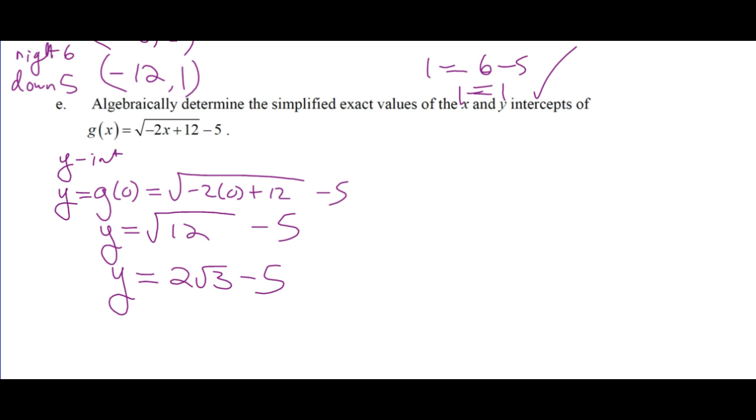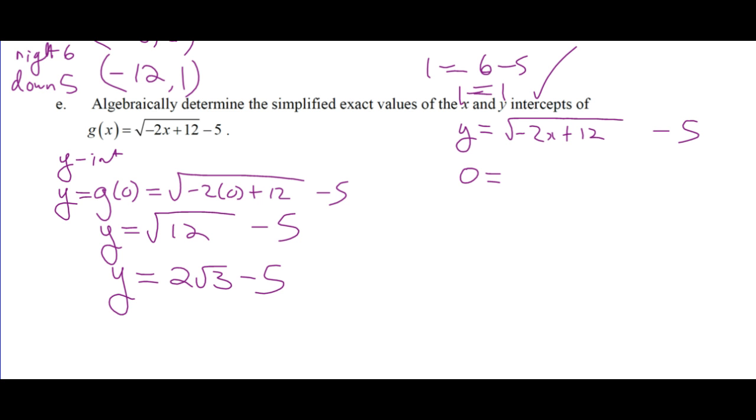Okay, notice, simplified exact value. Who wants to give me a decimal? No, you don't want to give decimal. Right? Okay, so it's 2 root 3 minus 5. And the x-intercept? So the x-intercept occurs when y is equal to 0. So we can write y equals.